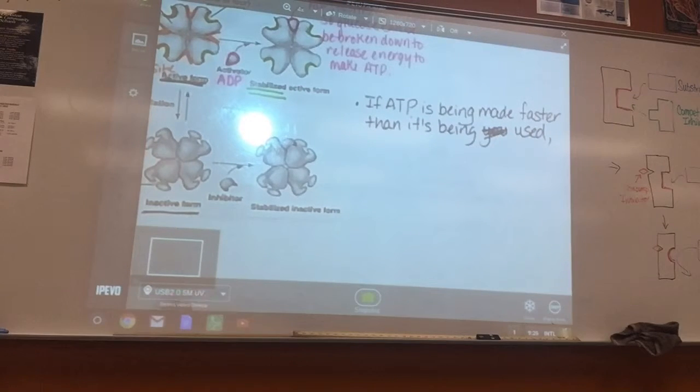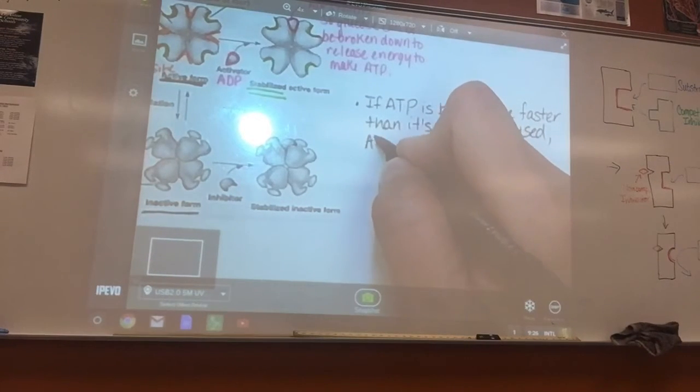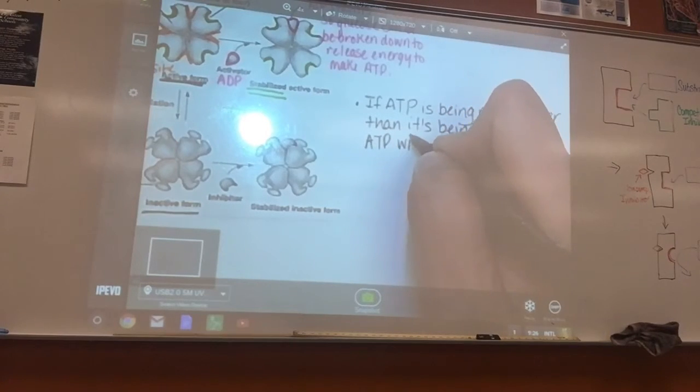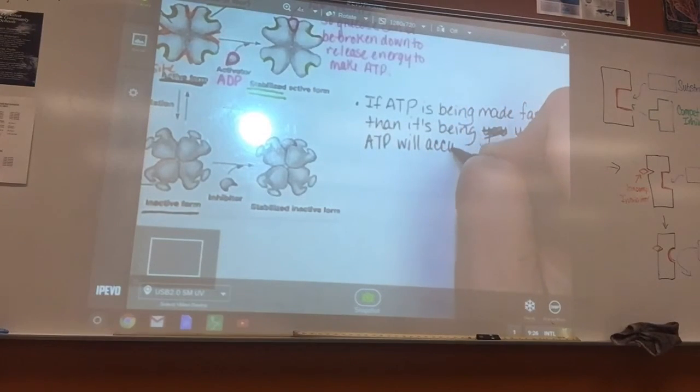If you make ATP faster than it's being used, instead of having ADP accumulate, what are you going to have? You're going to have too much ATP, all right? So ATP will accumulate because you're not going to be using it.